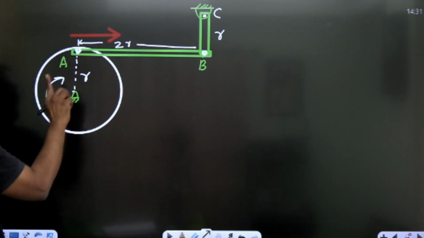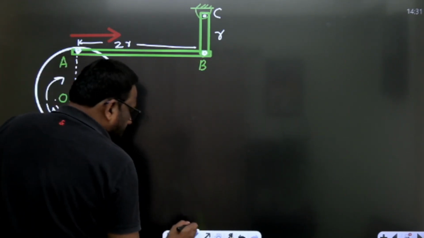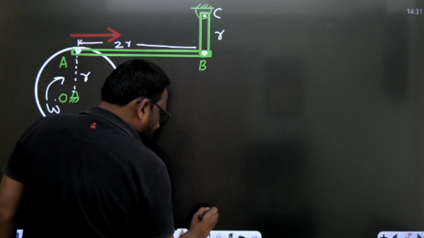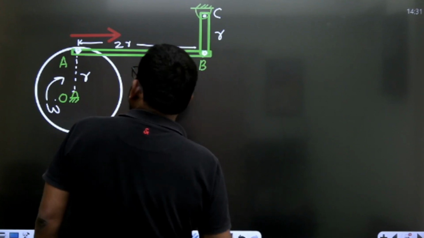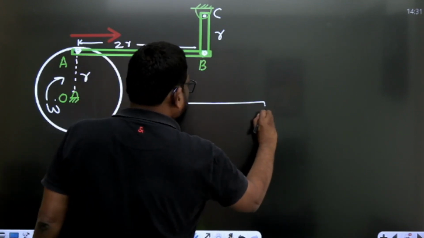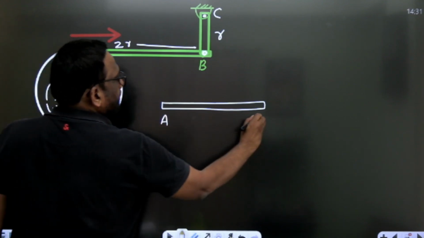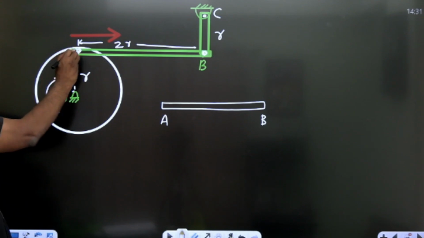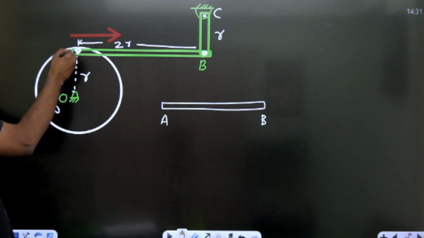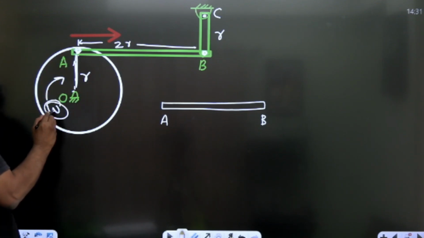Okay. So if you see the link AB, along the link AB, my dear students, let us take this link AB. As this is rotating clockwise, these are connected points, so what will be the velocity of A, the topmost point of this disk? It is r omega, this is r and its omega is given as omega.